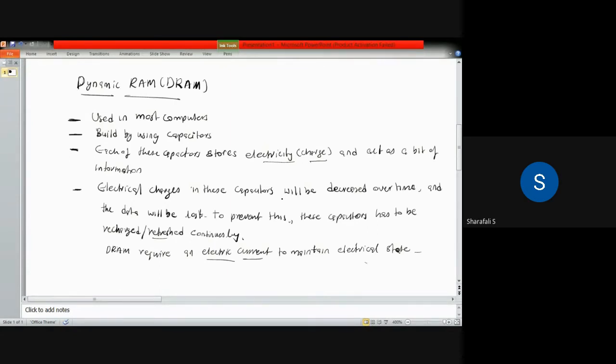If you limit that capacitor value, for example if it holds some 70% of the charge, then you can take it as logic 1. If it is less than that, it is taken as logic 0. If you assign such a logic to that capacitor, then we have to consider when it is going to become less than that 70%.